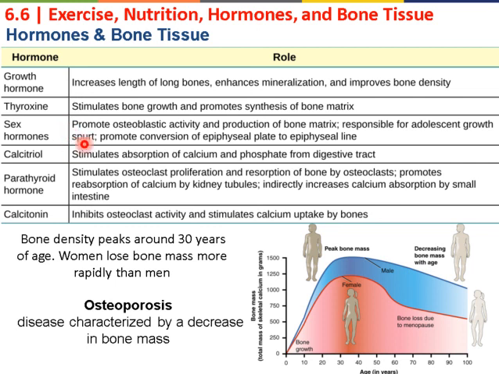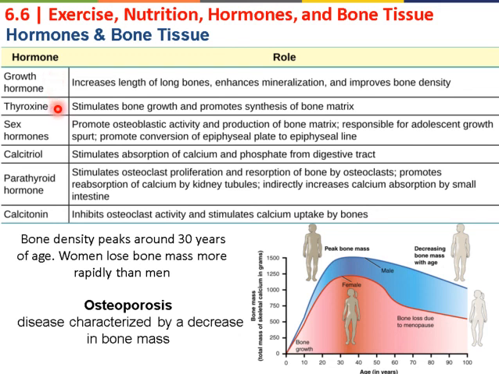Now, as we said, several hormones are necessary, and an example of these hormones is growth hormone. Growth hormone is a very essential hormone for the bone growth because it increases the length of the bone, enhances the mineralization and improves the bone density.